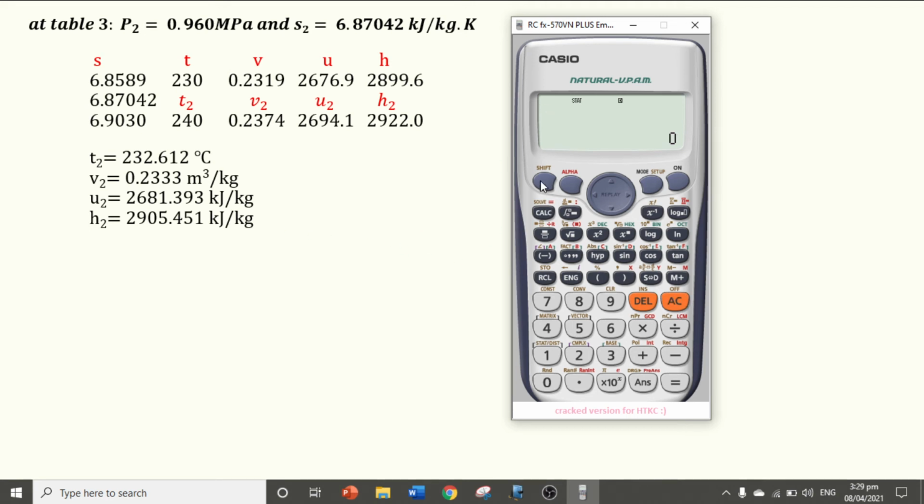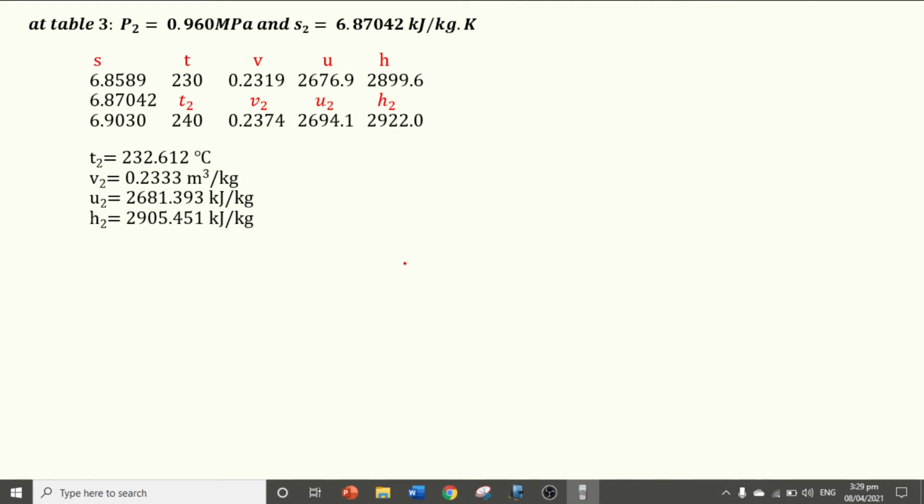Press AC ulit. Shift 1.5. Shift data pala. 2899.6, 2922. Kunin natin si H2. Therefore, H2 is 2905.451 kilojoules per kilogram.